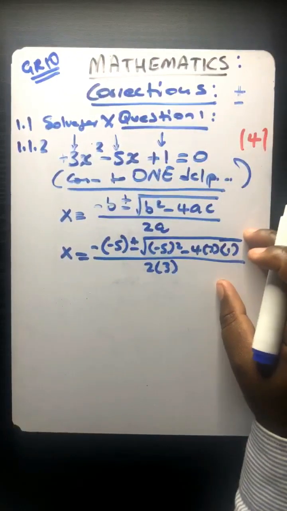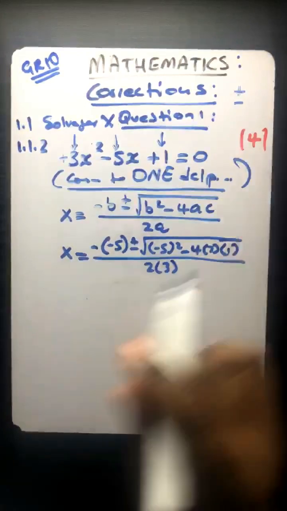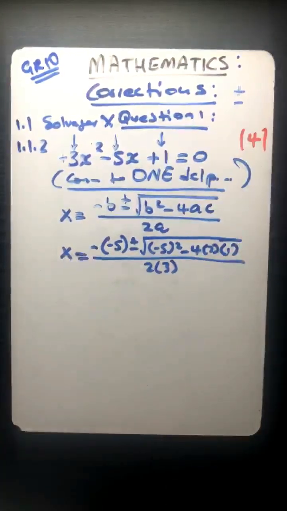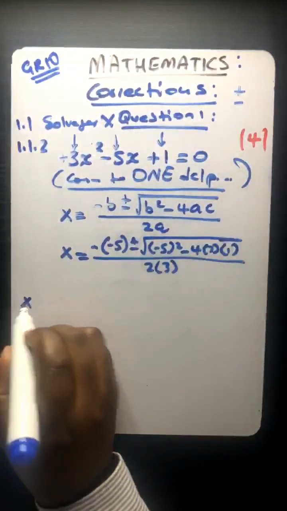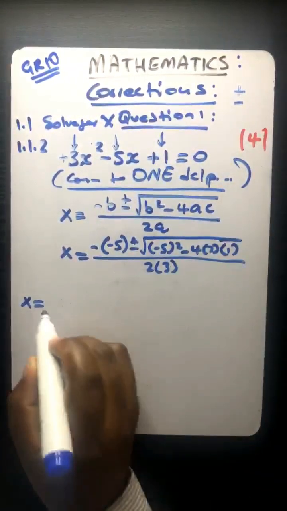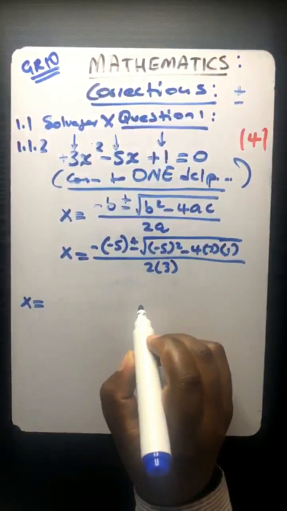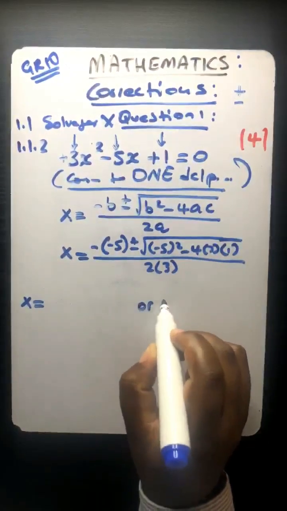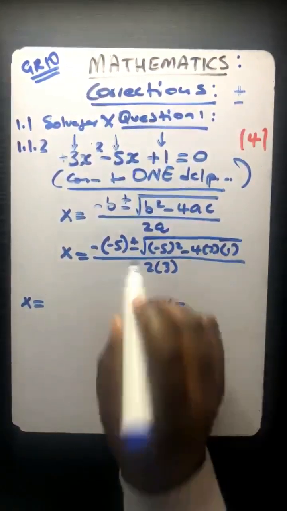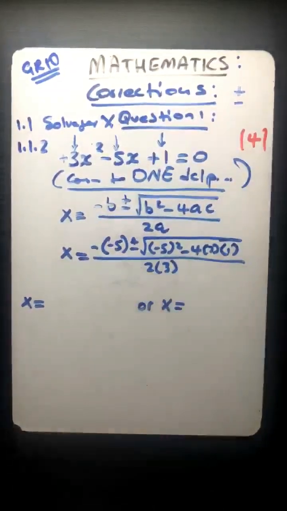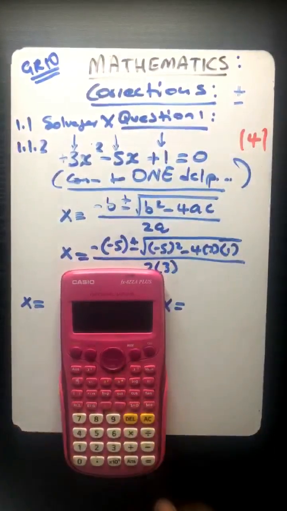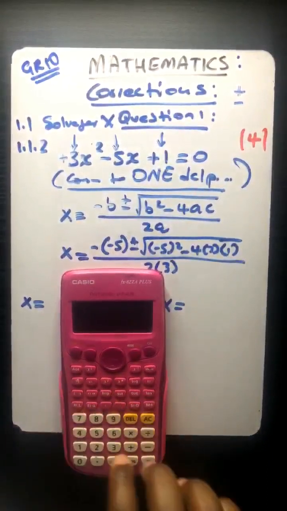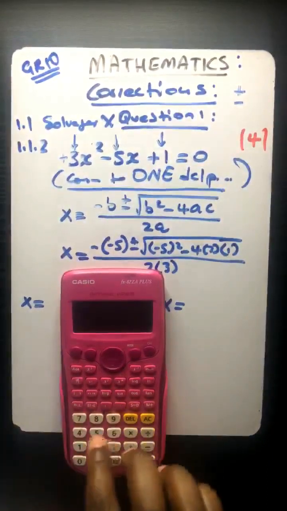But most importantly, you then need to punch all of that on your calculator, starting with a positive sign. That's where you separate it. You're going to have your first answer there as a fraction, and then you say, or your x equals, you update to a negative, then you get your answer. So as always, as I punch, also punch from your side so that in case I make a mistake, you are able to correct me.